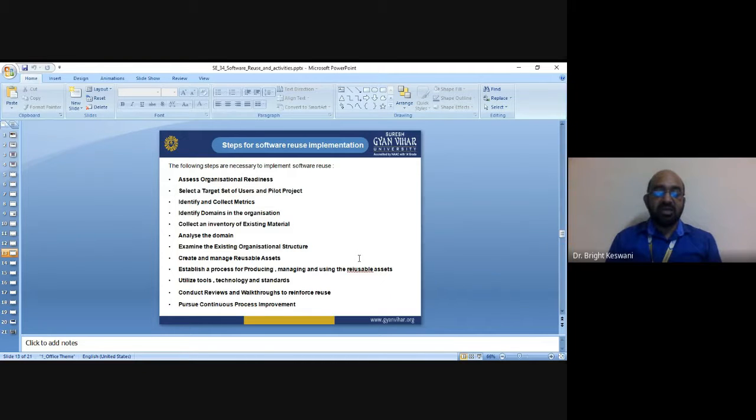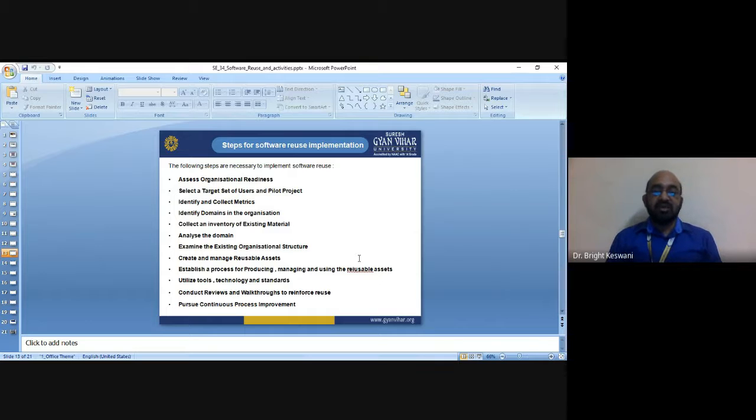In the next step, an informal domain analysis may be conducted for the chosen domain. And then in the next step, consider establishing an independent producer group, and this would dedicate resources to ensure that the necessary assets are created, managed, and supported.